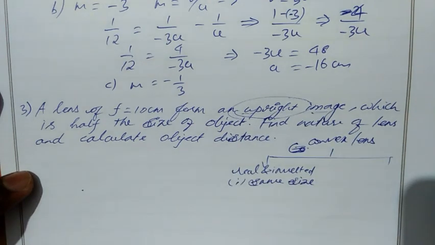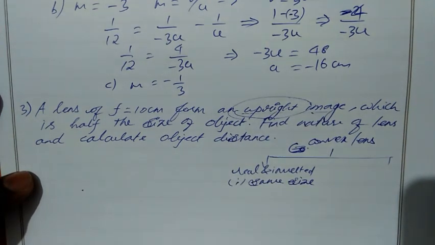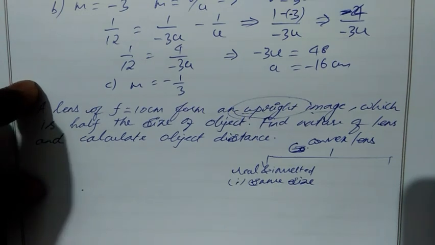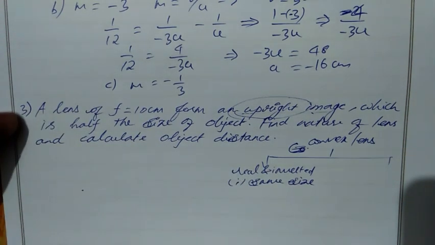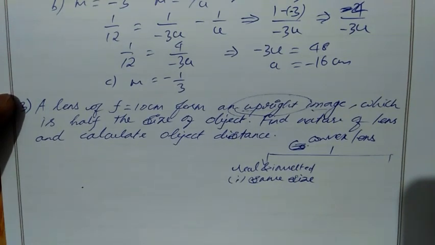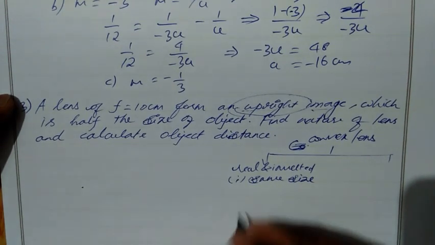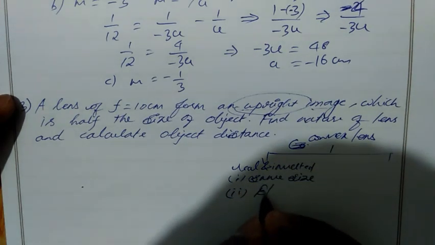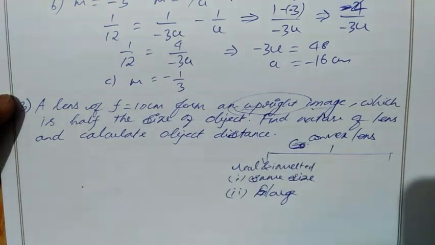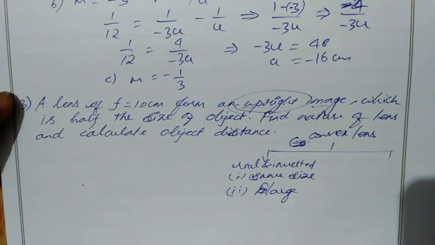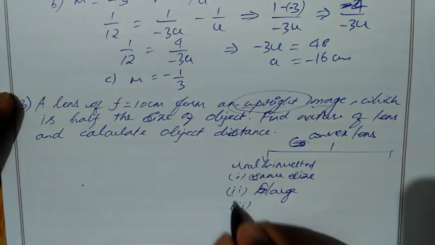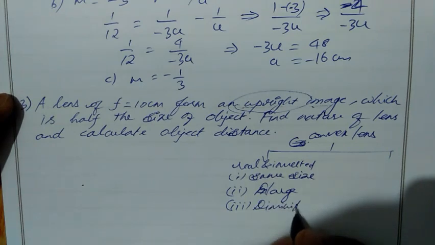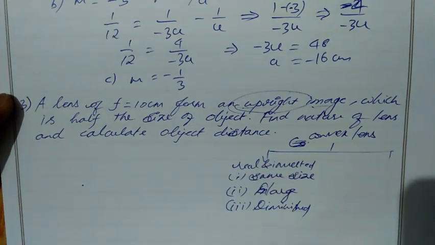Remember the ray diagram. Here we have C1, I mean 2F1, and the image is formed at 2F2. Correct? So that is one position, same size. Then another position is enlarged. Then we have the third condition, diminished. This is for real and inverted.